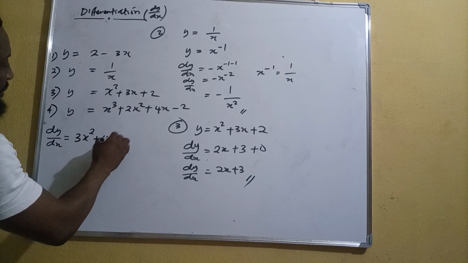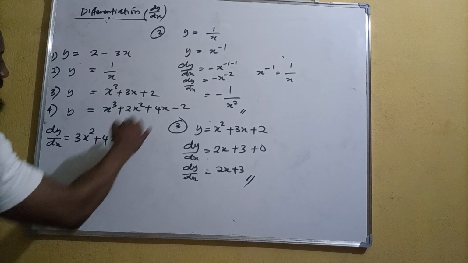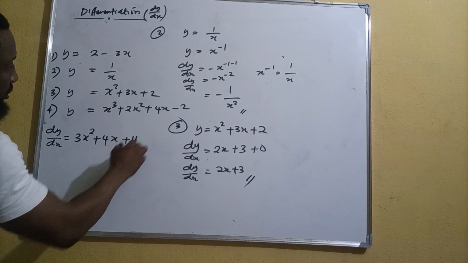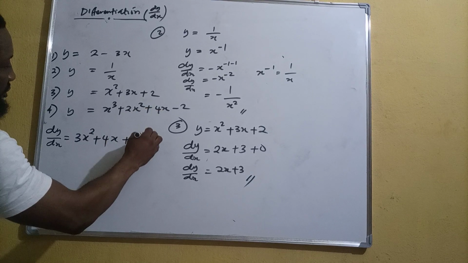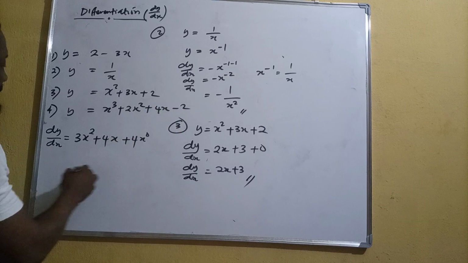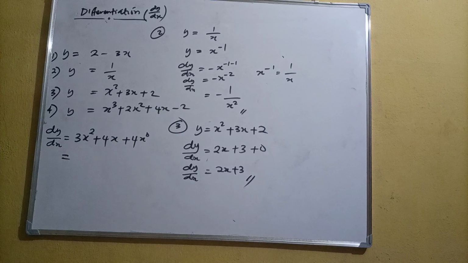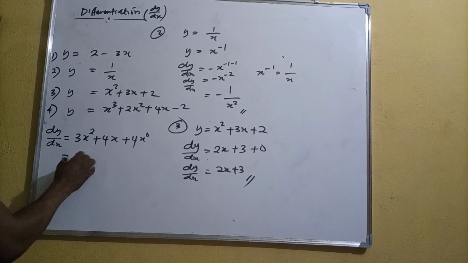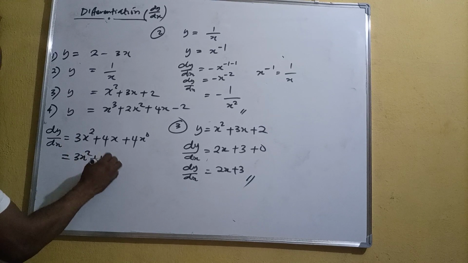We subtract 1 from the power, it's going to give us x raised to power 1. This is going to be 1 times 4, which is 4. Subtract 1 from the power is going to give us 0. So when we differentiate the constant, it will be 0. So we can as well leave the 0 out of it, since it's not going to make any significant difference. So this is going to give us 3x squared plus 4x.